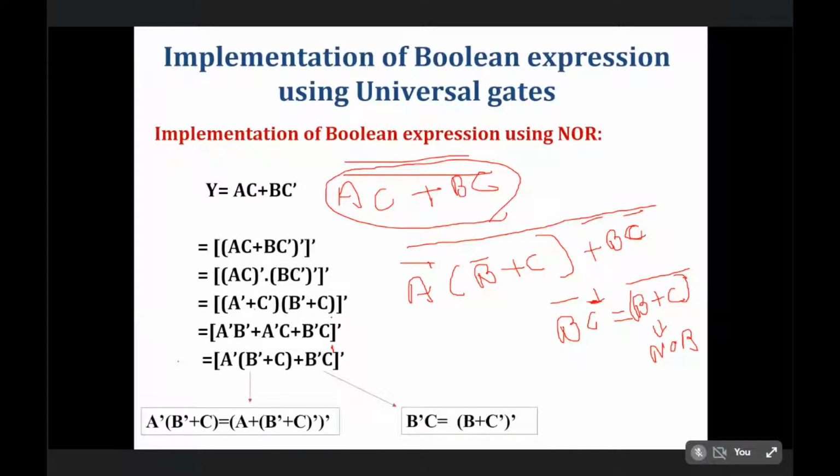Now, if we consider this term, here also we can convert this into the NOR implementation. Here this is the A bar.